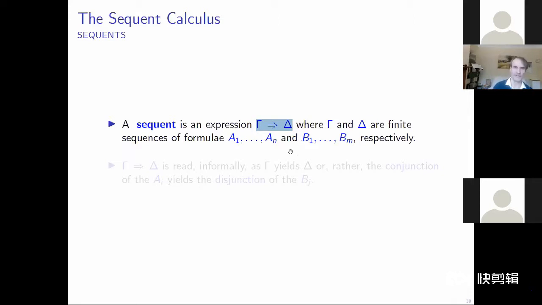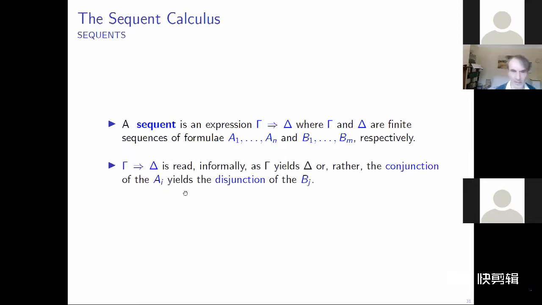The sequent gamma arrow delta should be read informally as gamma yields delta, which means more specifically that the conjunction of all the formulas in gamma, the antecedent, yields the disjunction of all the formulas in delta. So that's the meaning behind a sequent.